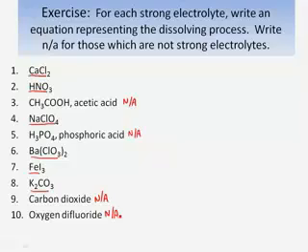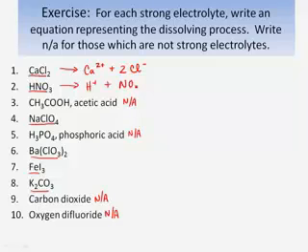All right, so now for our strong ones, we want to show how these would break apart in solution. For every 1 calcium chloride, I would get a calcium ion and 2 chloride ions. HNO3, I'd get 1 hydrogen and 1 nitrate. Sodium perchlorate, I would get 1 sodium and 1 perchlorate.